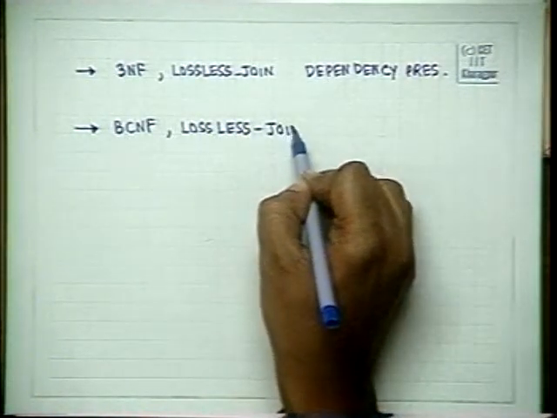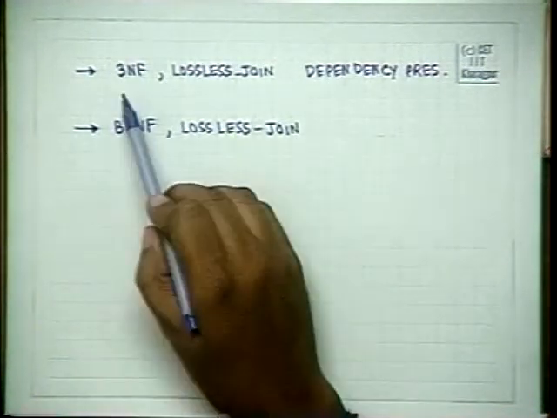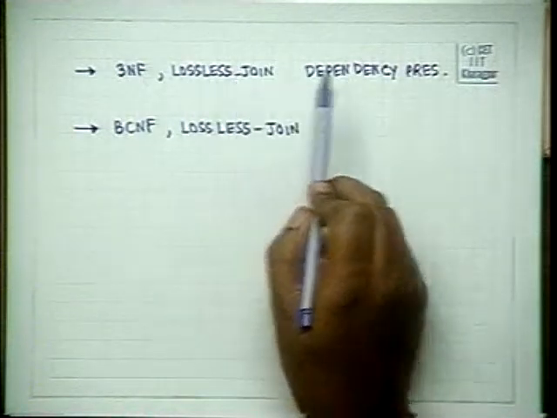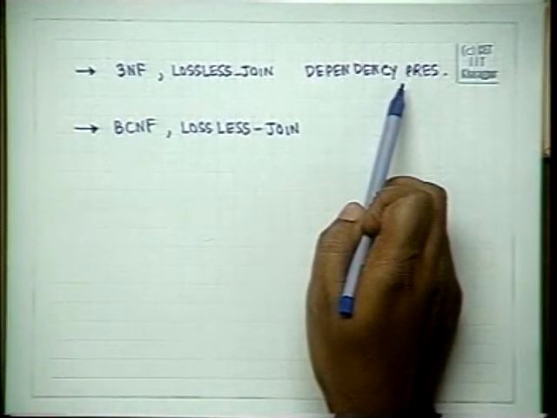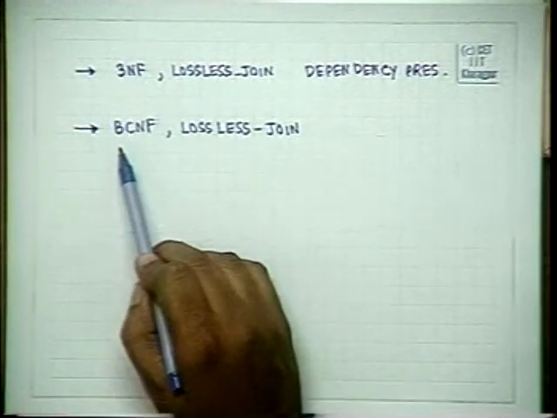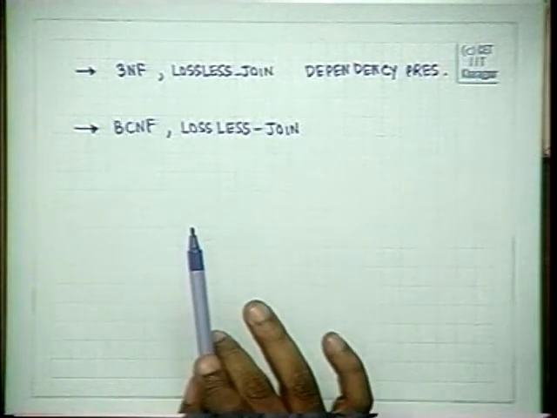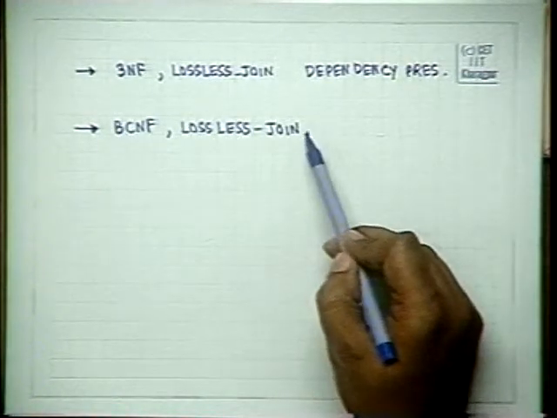That is, given any relation, you can always break it up into a 3NF lossless join dependency preserving decomposition, but we know 3NF still has some redundancy, or you can get it into BCNF with lossless join. And if we get dependency preservation, it's fine.